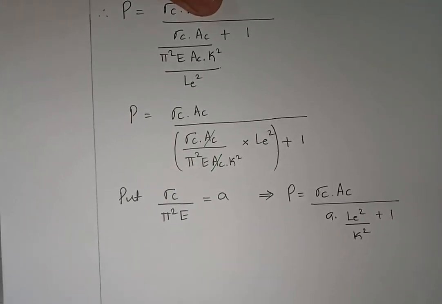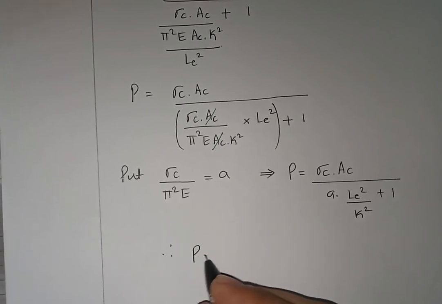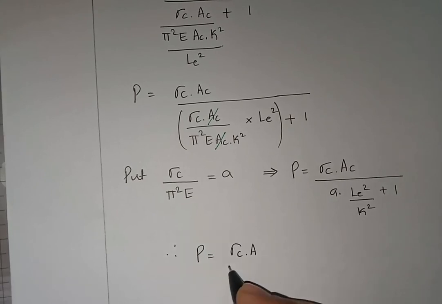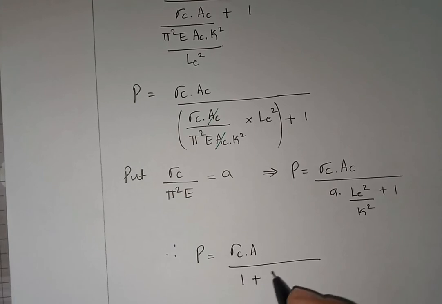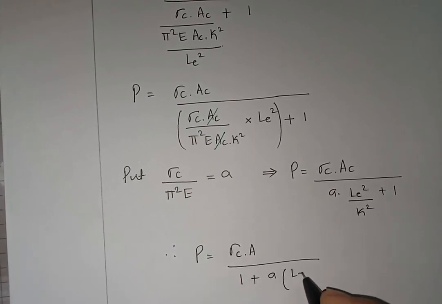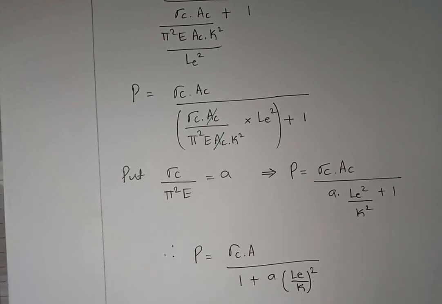Right? So slightly simplifying this final equation, therefore P is equal to sigma C into A divided by 1 plus a, where both are squares, so I'll write it as LE divided by K, the whole square.